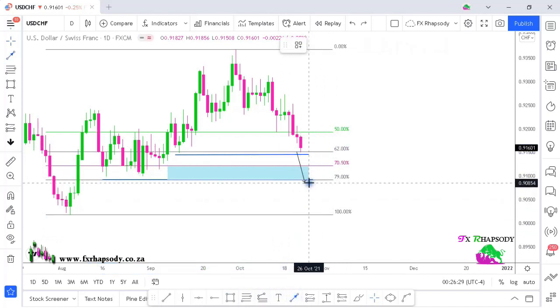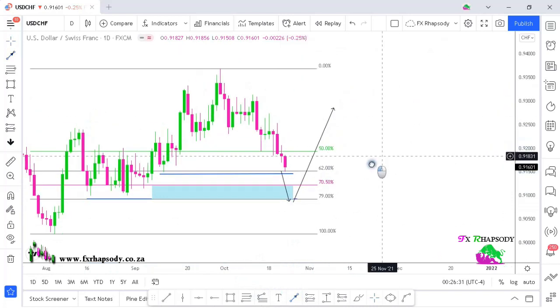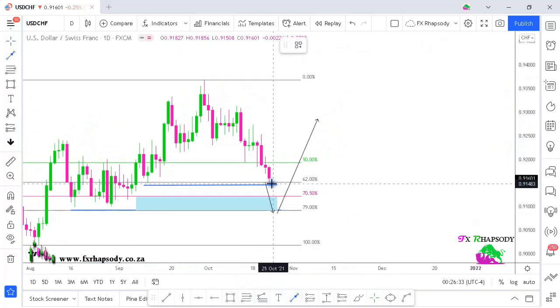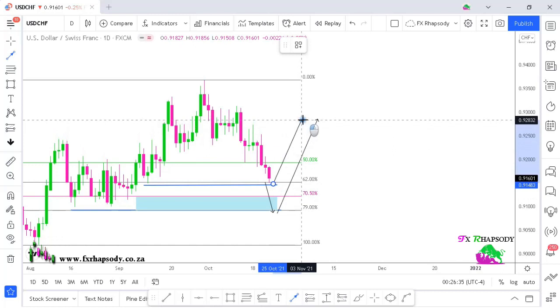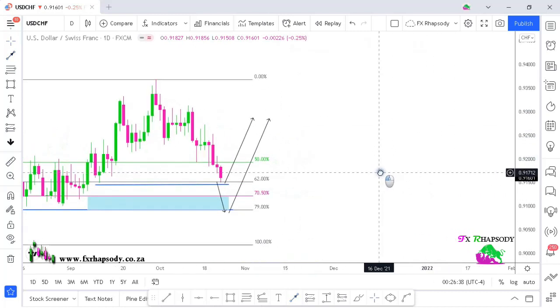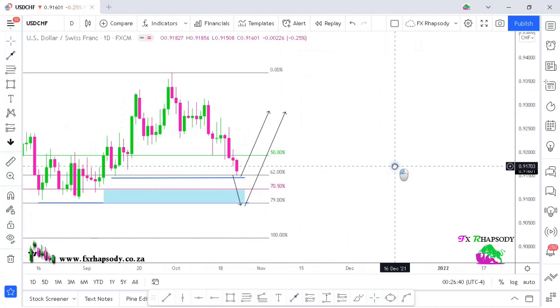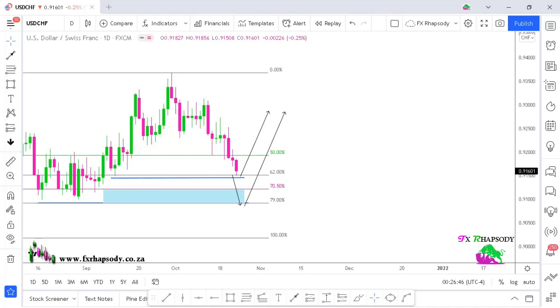Okay, that's going to happen. Or, like I said before, that's our second scenario. Or our first scenario, second scenario. So you just keep an eye on your lower time frames just to make sure that your entry is perfect. Snipe those lower time frame areas and then see what happens.